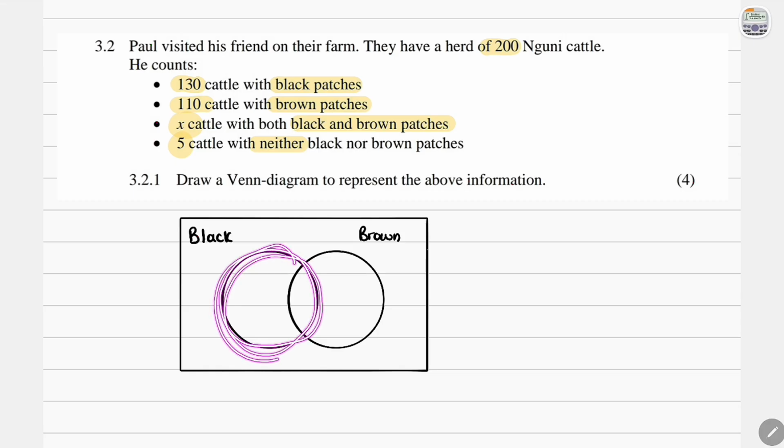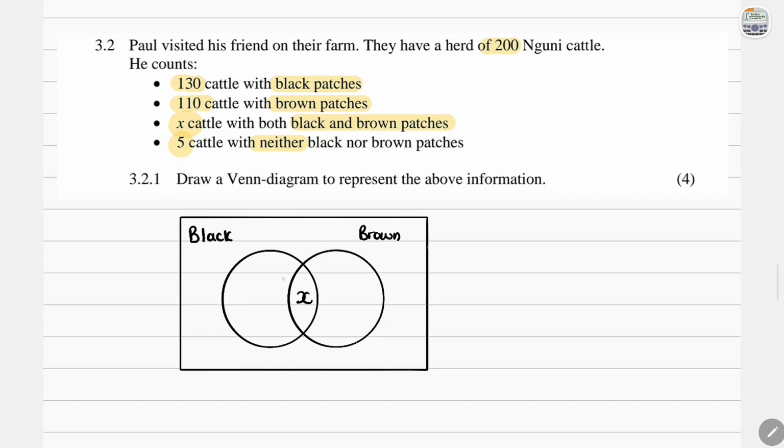So you also have cows here that have black and brown patches, but because they have black patches, they're going to be included in this 130. This is the reason why you need to start with the intersection. So X cattle have black and brown, so we'll put X in the middle.